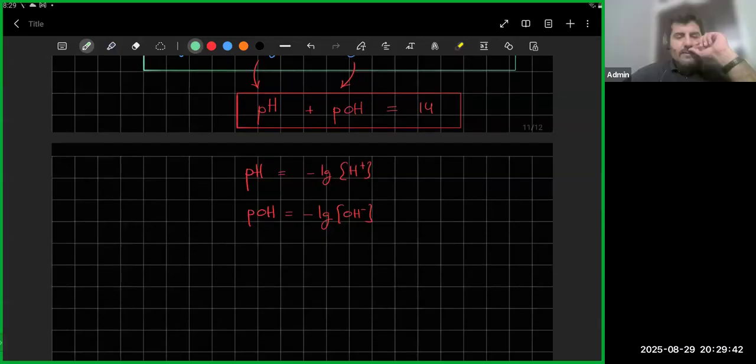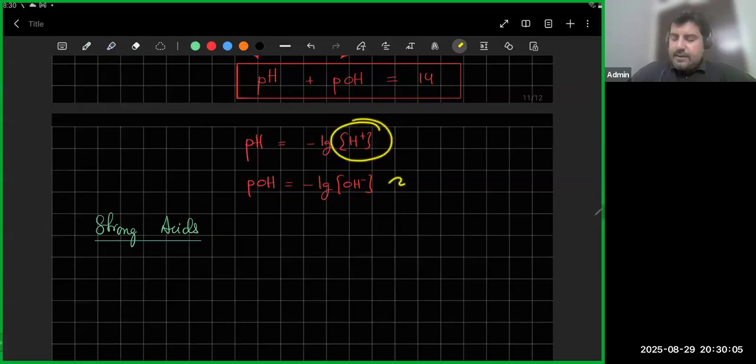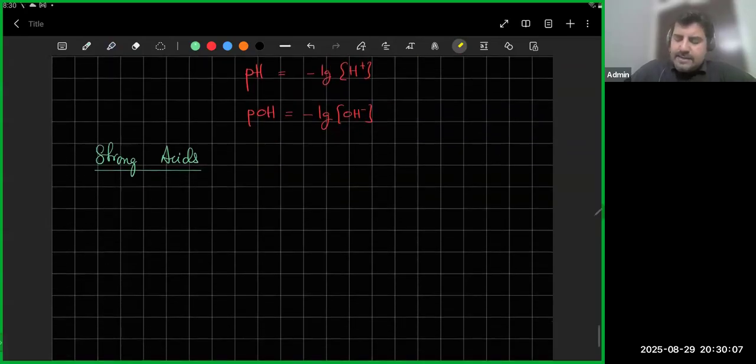Thik hai. So what we'll do now is we'll first talk about strong acids. Calculating their pH: you remember what pH is? Just on the calculator, there's a button, negative log of the concentration of H plus 1. You would need a calculator to do this. For strong acids, it's pretty easy. They fully dissociate or fully ionize.